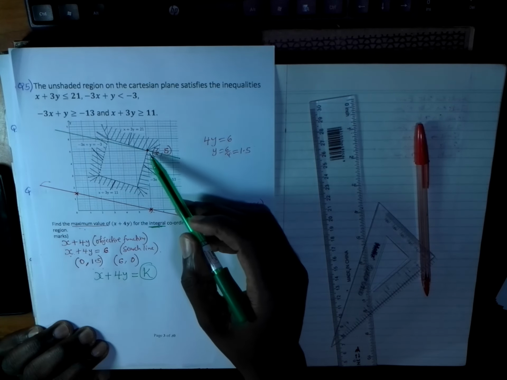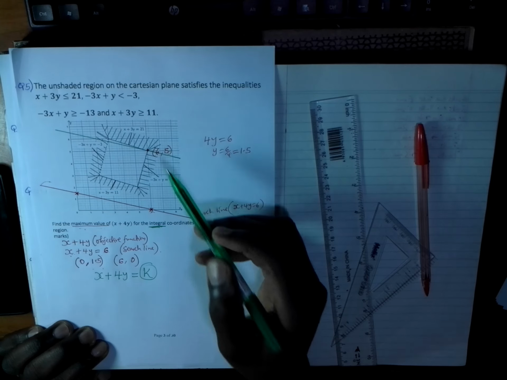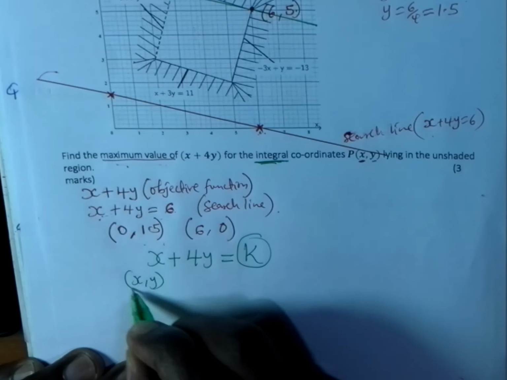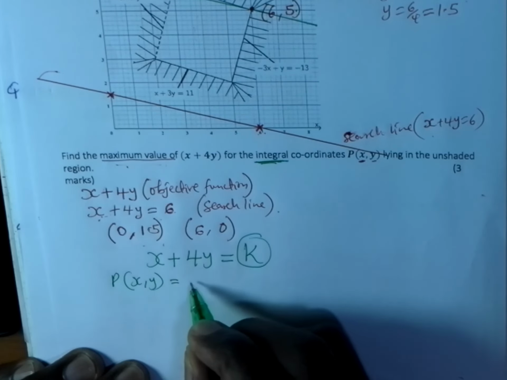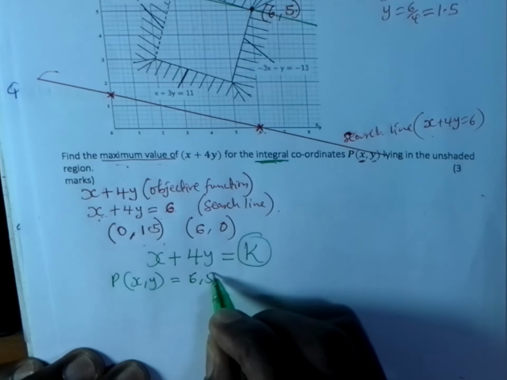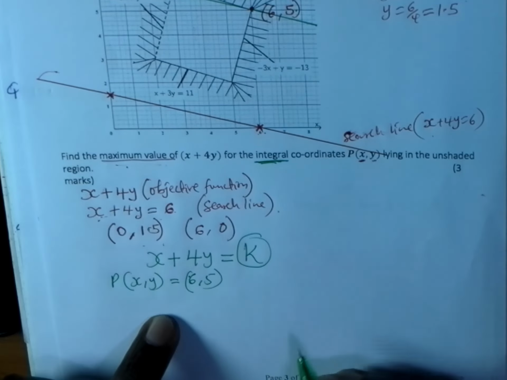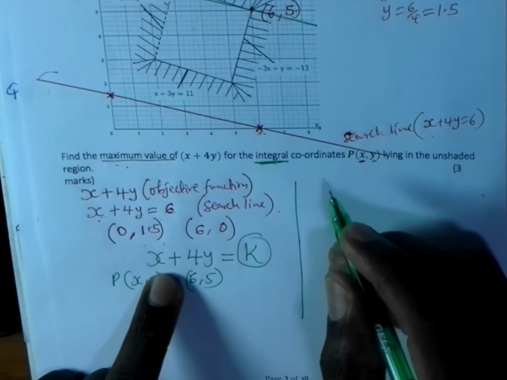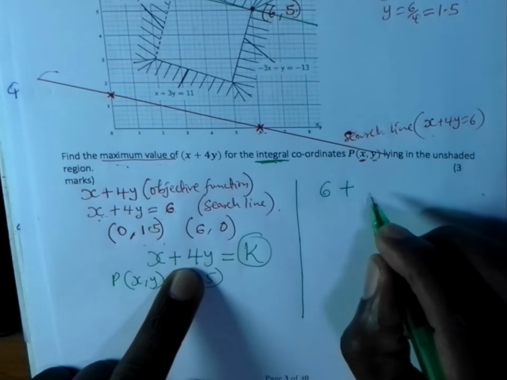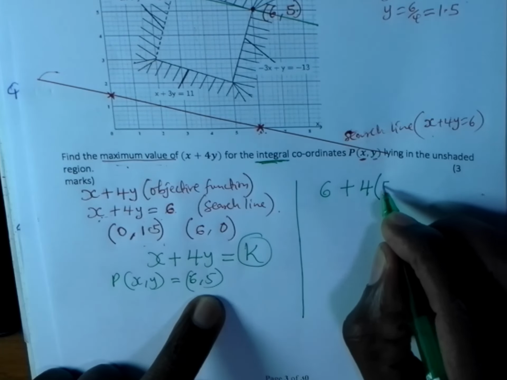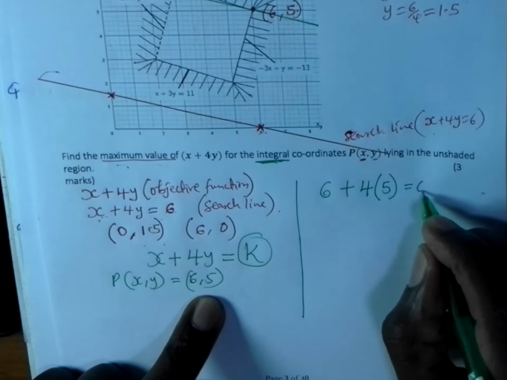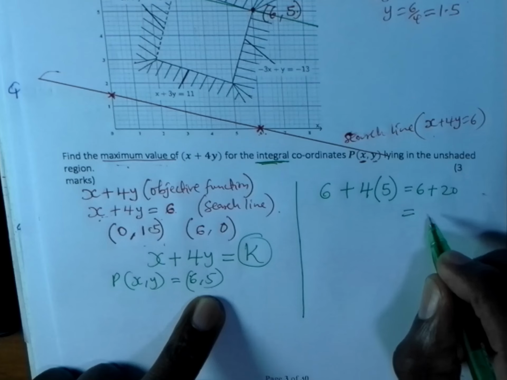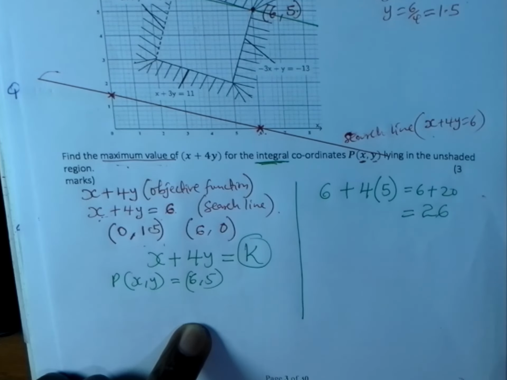Under this point here we have P as 6, 5. Using it, x is 6 plus 4 times y is 5. So this is 6 + 20, and therefore it gives a maximum value of 26.